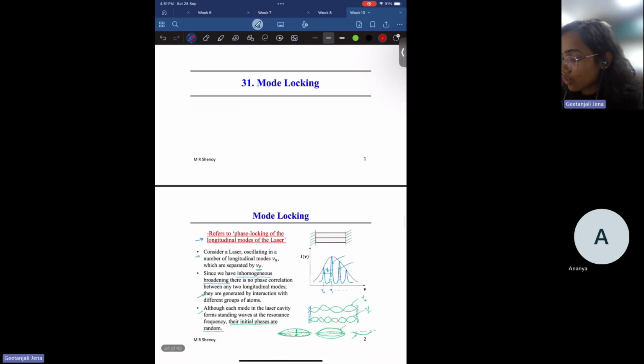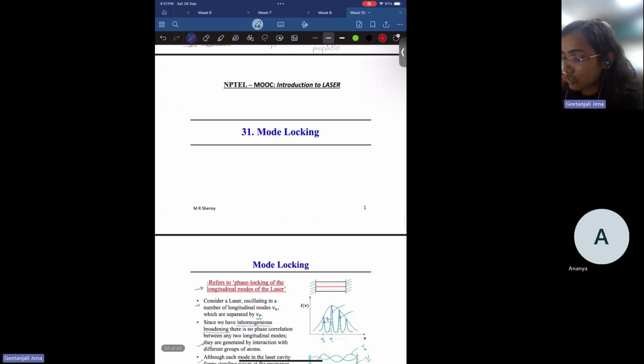Okay, so now let us see what is mode locking. This is the final method by which we can generate a pulsed laser output.